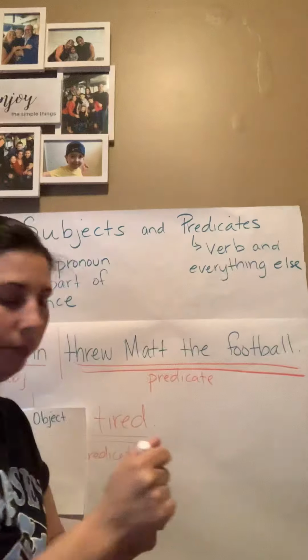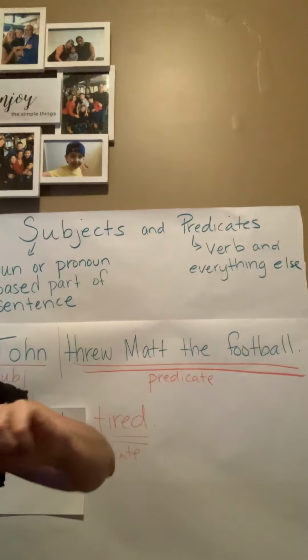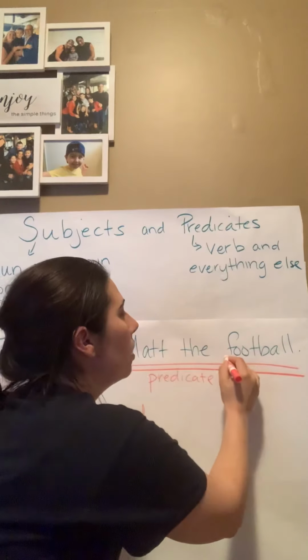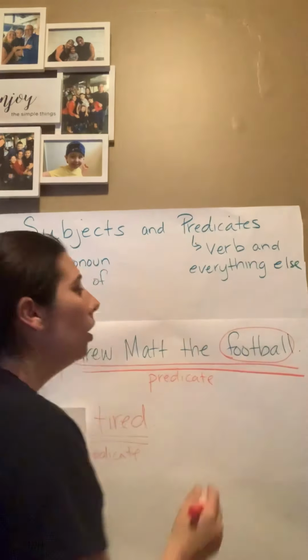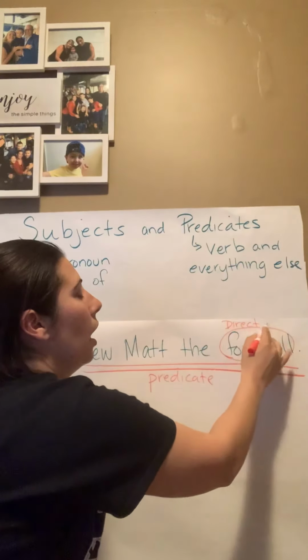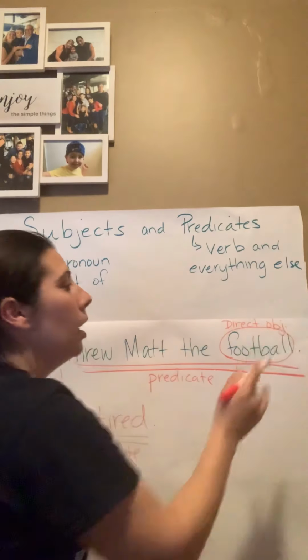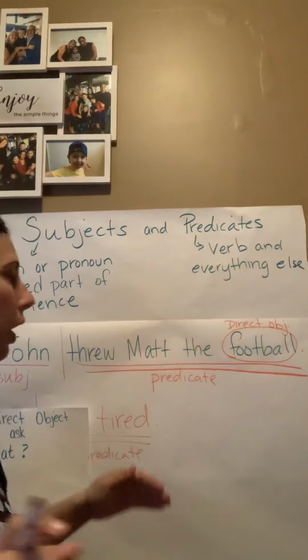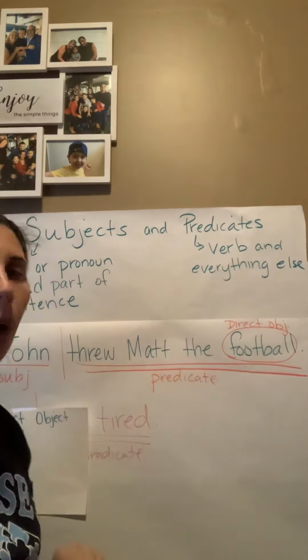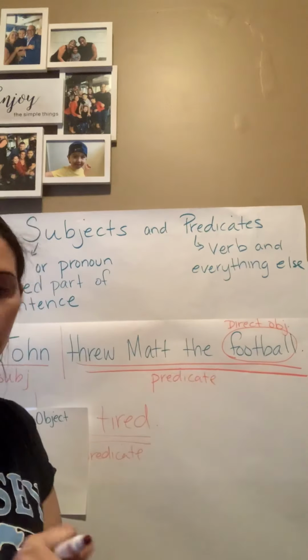So football would be our direct object, because if we answer the question, what did he throw? He threw the football. That's your direct object.